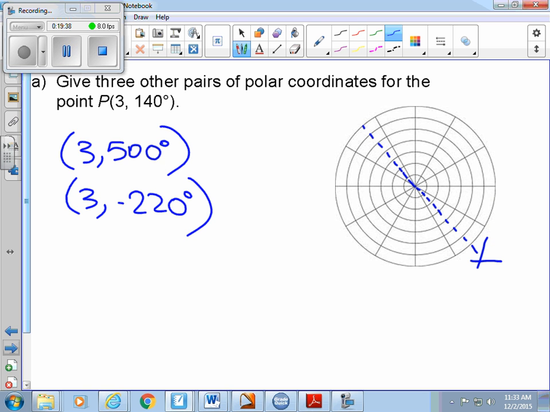Add or subtract 180, and that'll get you to the other spot. And then you can make the angle negative. So if I subtracted 180, I'd get negative 40. So negative 3, negative 40 is another option. Could we go all day long if we wanted to? Yeah.